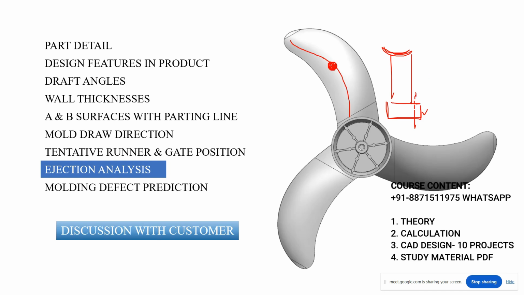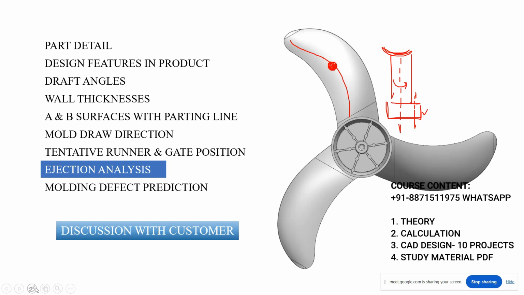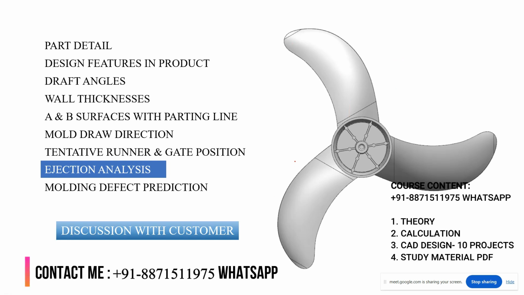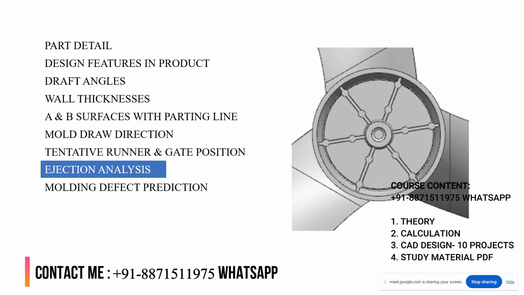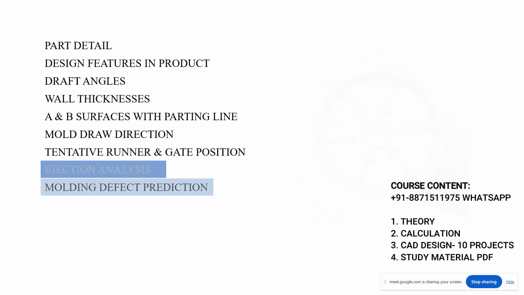Why? In order to lock the ejector pin, right? Yes. So basically where will be the best position for the ejector pins? See here, this is the best position for the ejector pin because this is a single cavity mold, right? We will eject the component from the center portion, right?